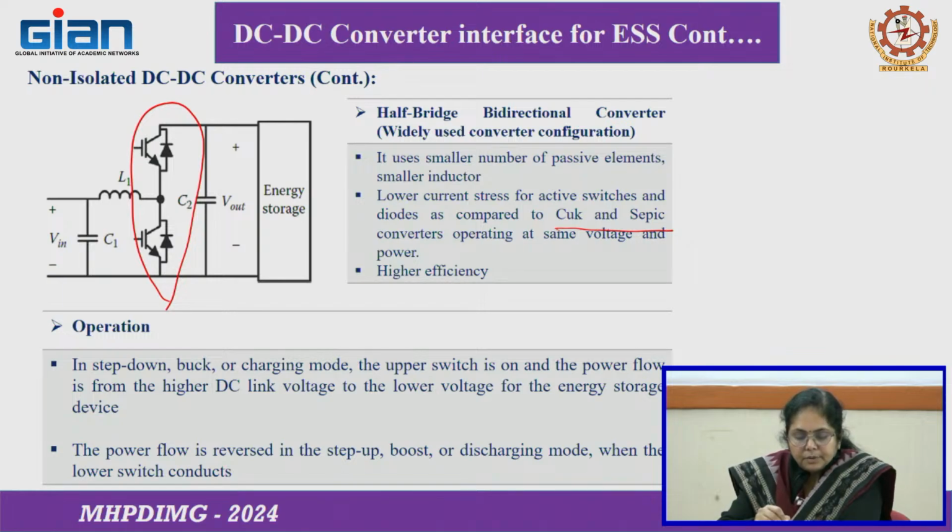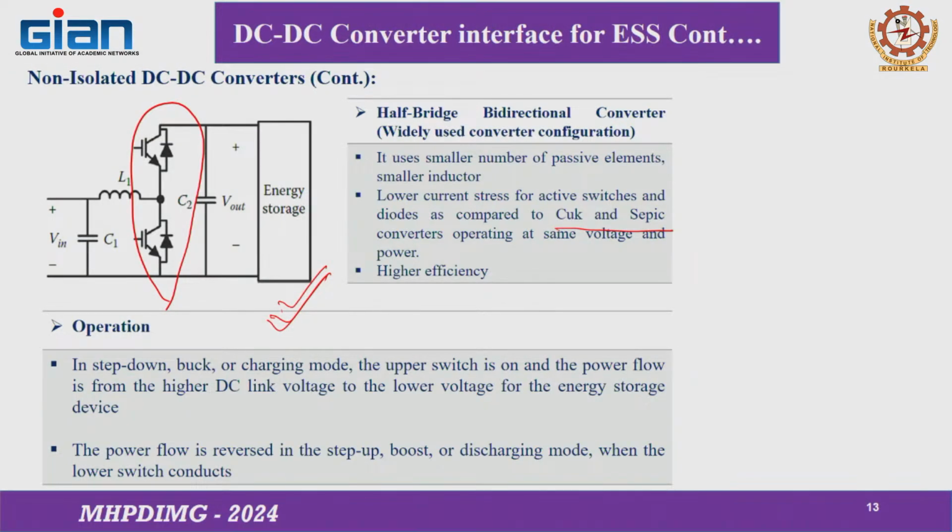For this converter, I will talk about its operation first, then how to design the filter components, and then the controller, that is, if you are operating in a closed loop control system, how to design the controller for it. Then I will show the simulation of this non-isolated bidirectional converter, NIBDC or NBDC, whichever short form you use.